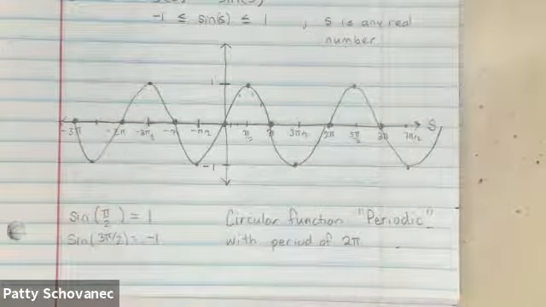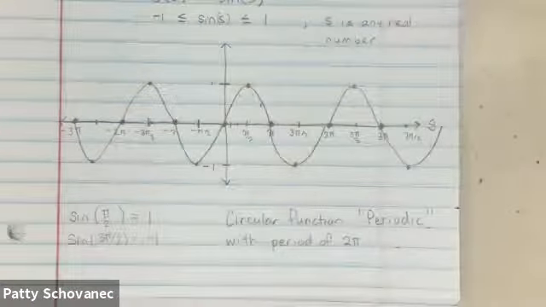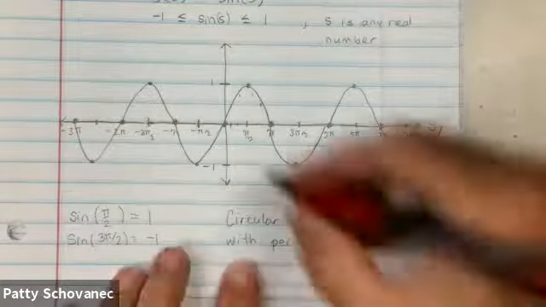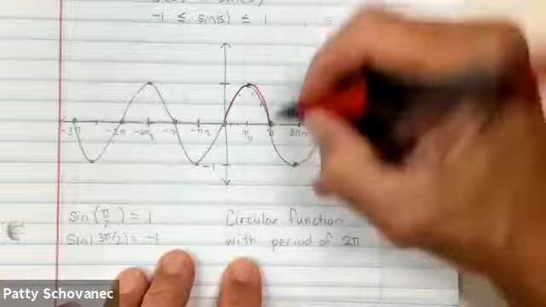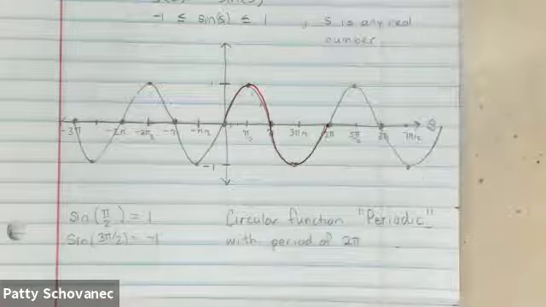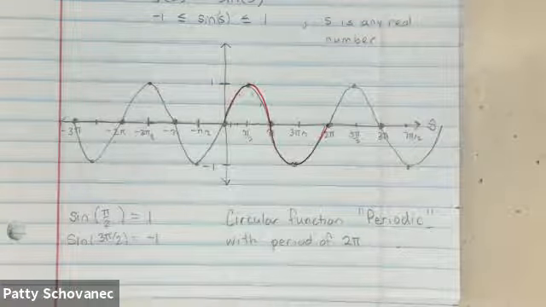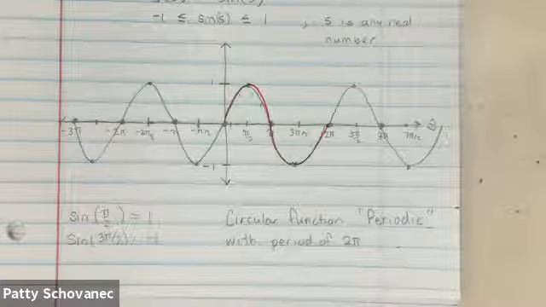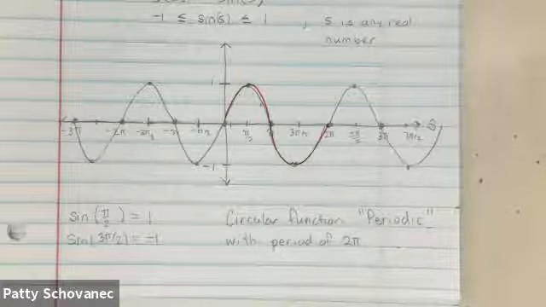In other words, in an interval of length 2 pi, it does this shape over and over and over. If you just hook that little red piece onto itself, every interval of length 2 pi, then this graph goes on forever and ever in the s direction.